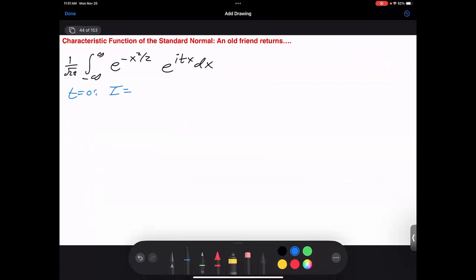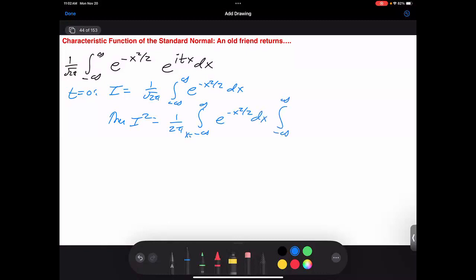If you let I be 1 over the square root of 2 pi, integral from minus infinity to infinity of e to the negative x squared over 2 dx, then I squared is 1 over 2 pi, integral from minus infinity to infinity of e to the negative x squared over 2 dx, and I'll write y for the second variable because I have to use a separate variable, integral from negative infinity to infinity of e to the negative y squared over 2 dy.